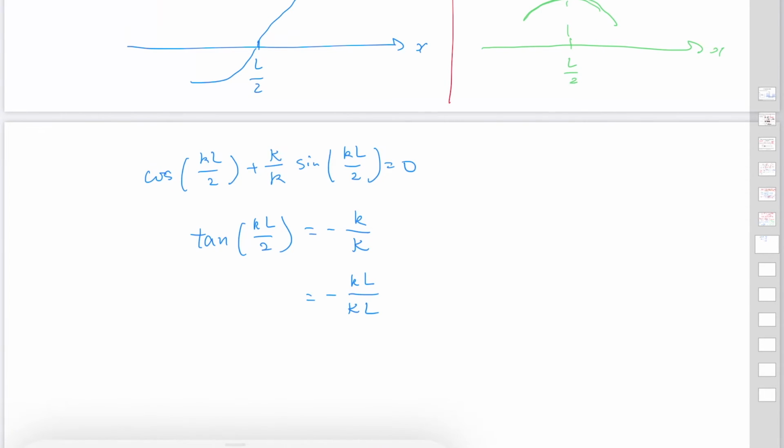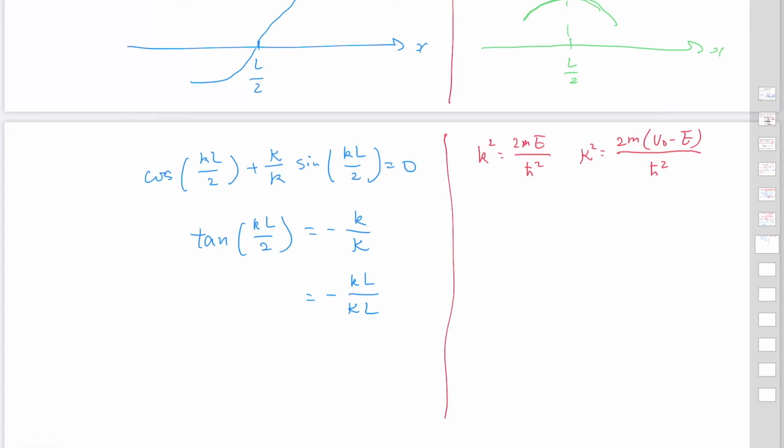By the way, we'd like to remember the expression of k squared is 2mE over h bar squared, and kappa squared equals 2m(U sub 0 minus E) over h bar squared. So kappa and k are related.